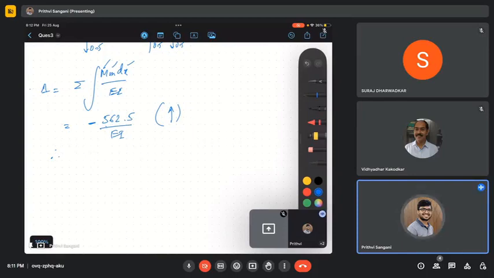But you should also remember you have 1 times delta. This is nothing but the unit load, which is kilonewton. So that kilonewton gets cancelled. So you have minus 562.5 by EI. It should be kilonewton square, but this kilonewton square and this kilonewton and this kilonewton, one kilonewton is cancelled. Kilonewton times meter, meter, and meter, so meter cube.